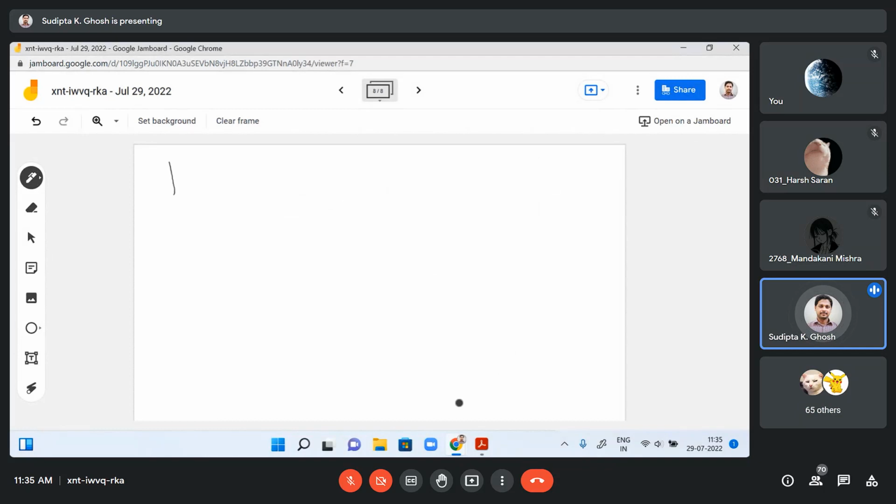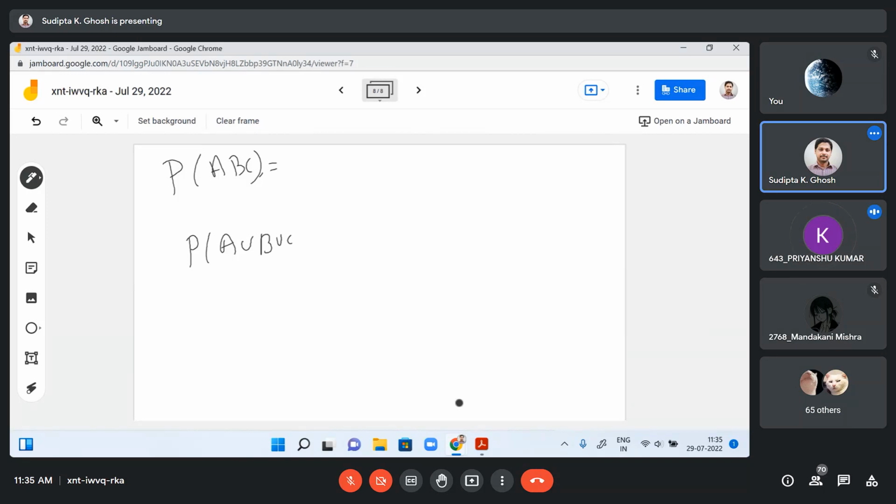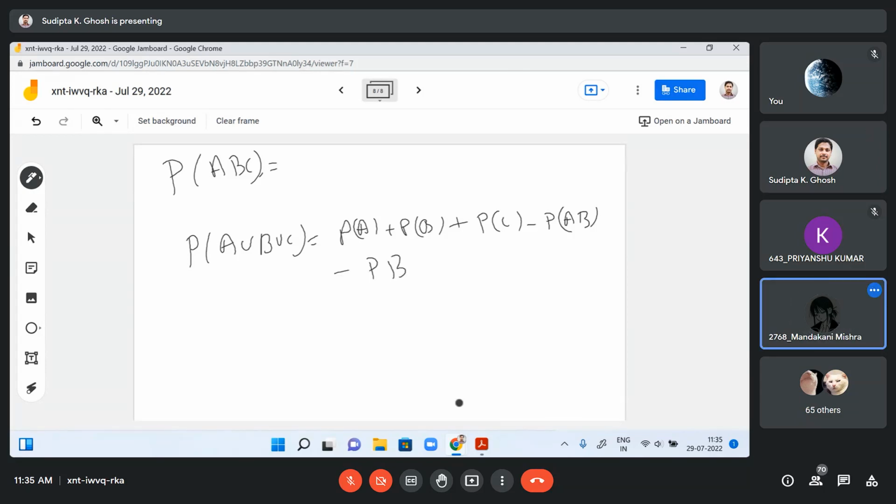Now we are interested to calculate probability of A intersection B intersection C. How to calculate it? Probability of A plus probability of B plus probability of C, minus the pairwise intersections, and plus the intersection of all.